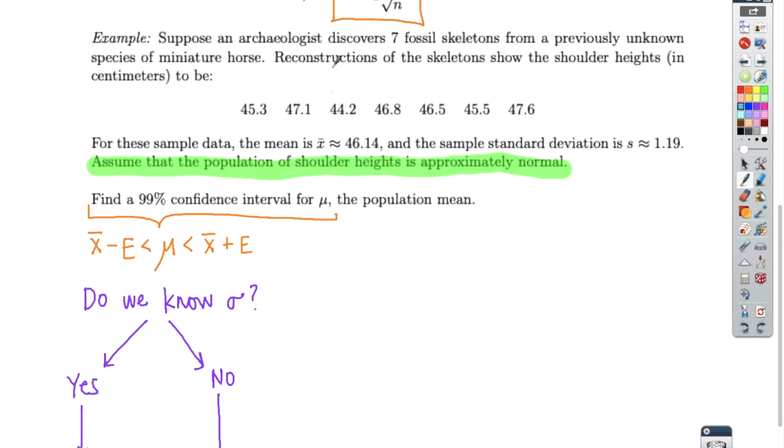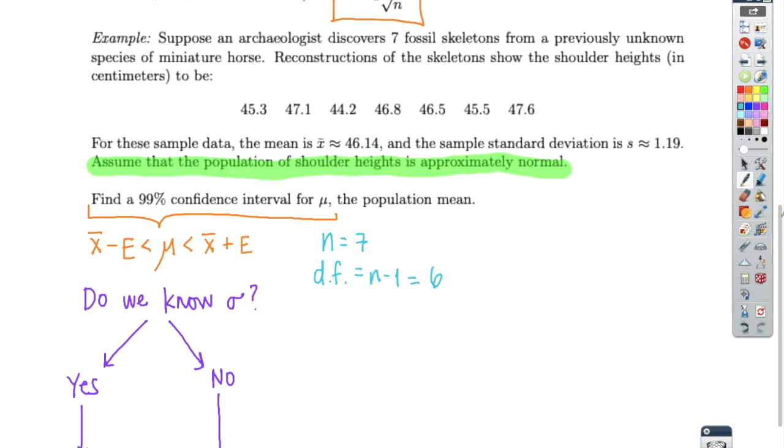It says, suppose the archaeologist discovers 7 fossil skeletons. So that tells us that our sample size is 7. Also, since we're going to be using t, we need to know the degrees of freedom. And remember, degrees of freedom is just n minus 1. Well, if n is 7, then n minus 1 is 6. So our degrees of freedom are 6.